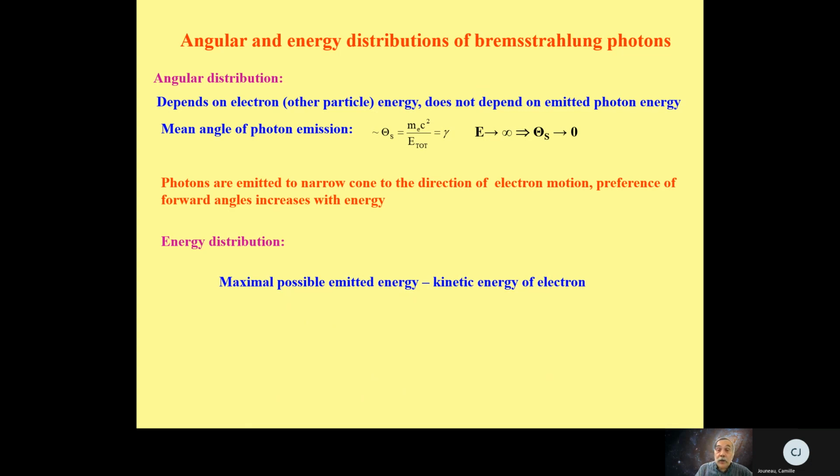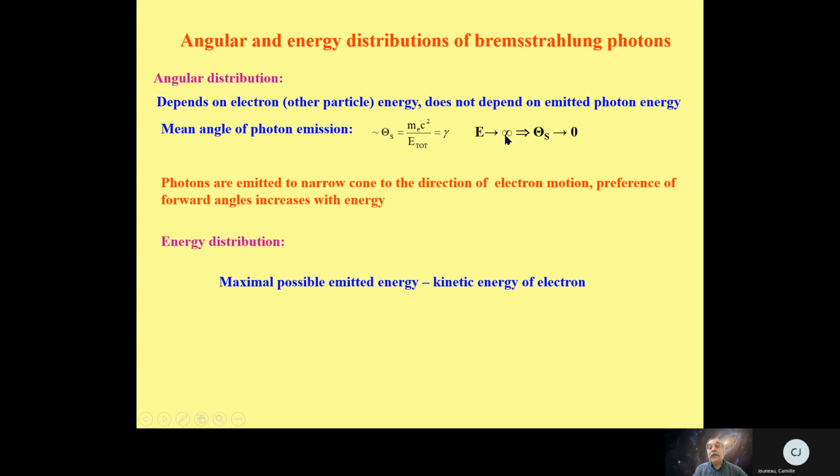This is the ratio between the rest energy of the electron and the total energy of the electron. And as you know from relativity, this ratio is exactly the gamma factor, 1 divided by the square root of 1 minus beta squared. You will see that this angle decreases with energy very quickly.